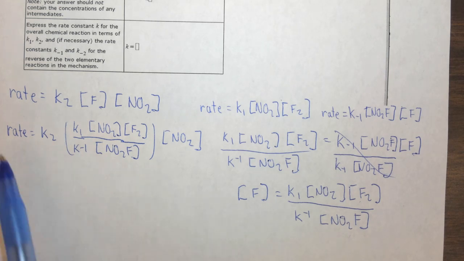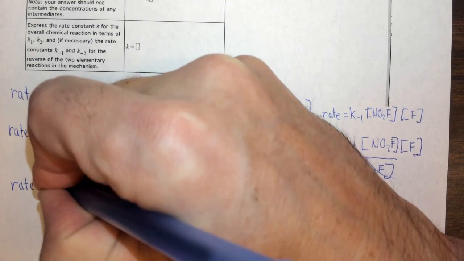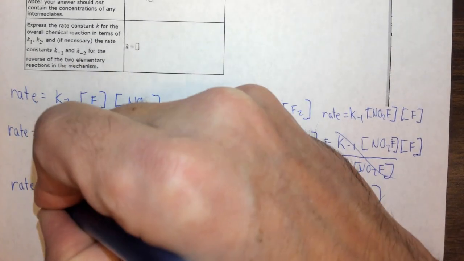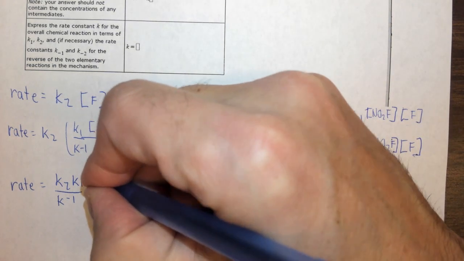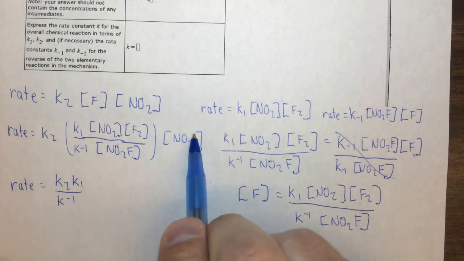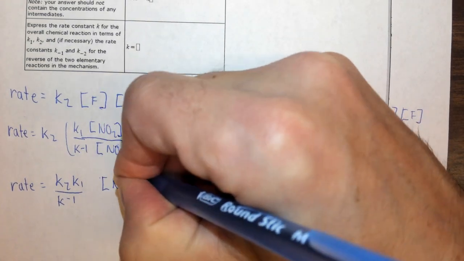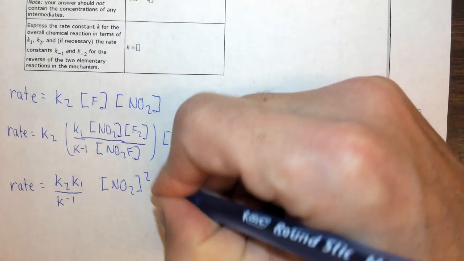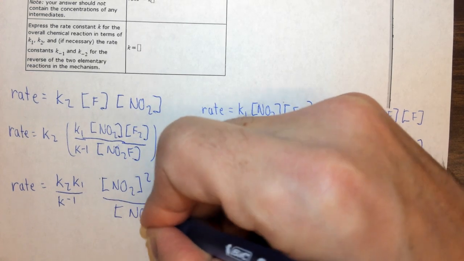Now I want to simplify this. Rate equals k2 k1 over k minus 1 times concentration NO2, there are two of them, so we multiply them together, concentration NO2 squared, concentration F2, divided by concentration NO2F.